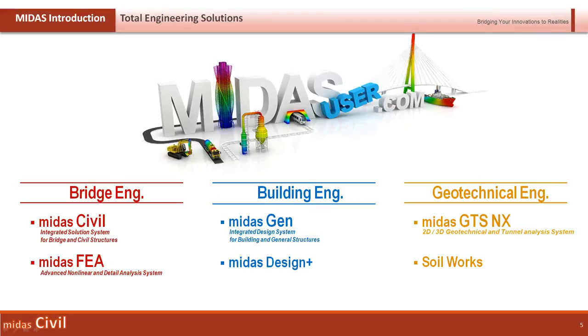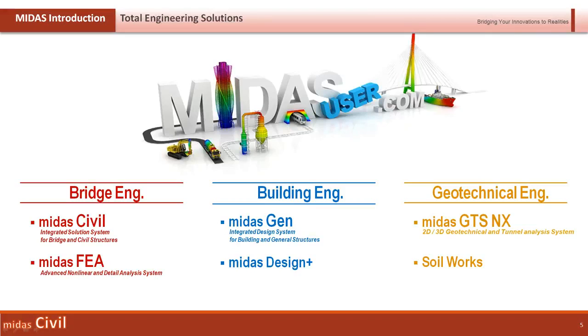So for bridge engineering, we have Midas Civil, which is the major product, a specialized solution for bridge engineering. Also, for in-depth and more profound solutions, we have Midas FEA, which is finite element analysis software.